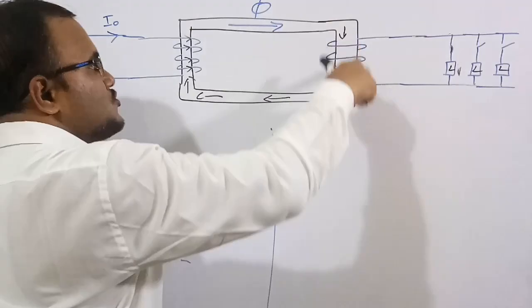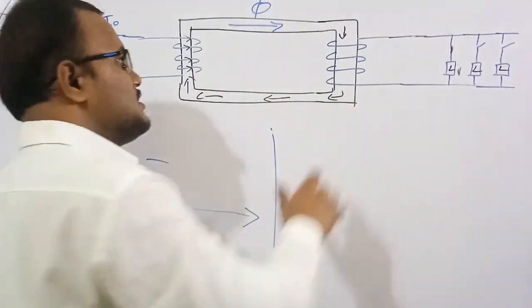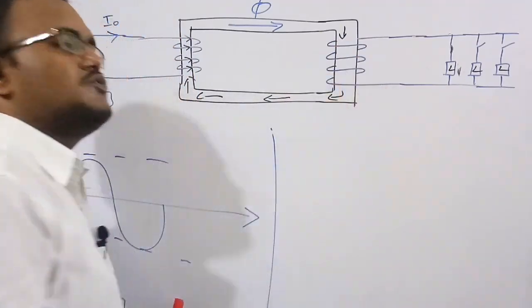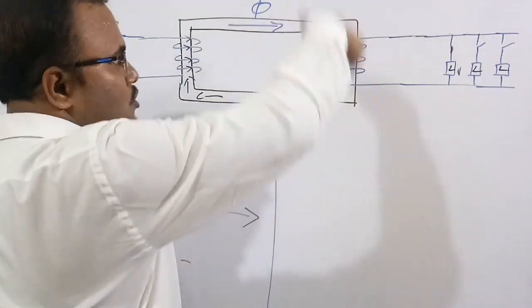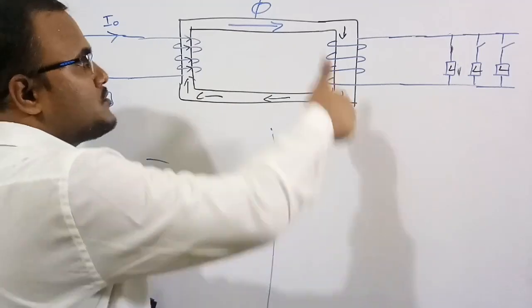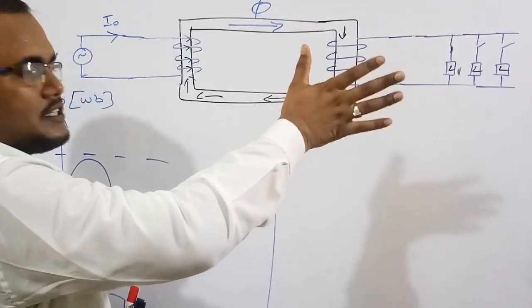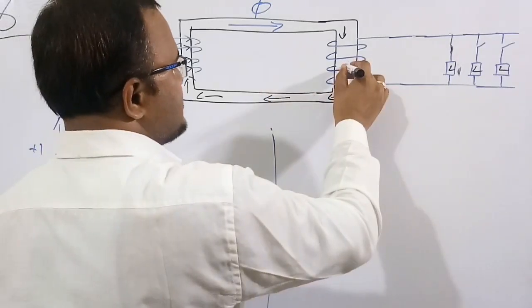Now this winding has to produce flux in the upward direction, because the original flux is in the downward direction, so it opposes from down to up. Now I curl the fingers, so the current has to be in this direction. This is the current direction.